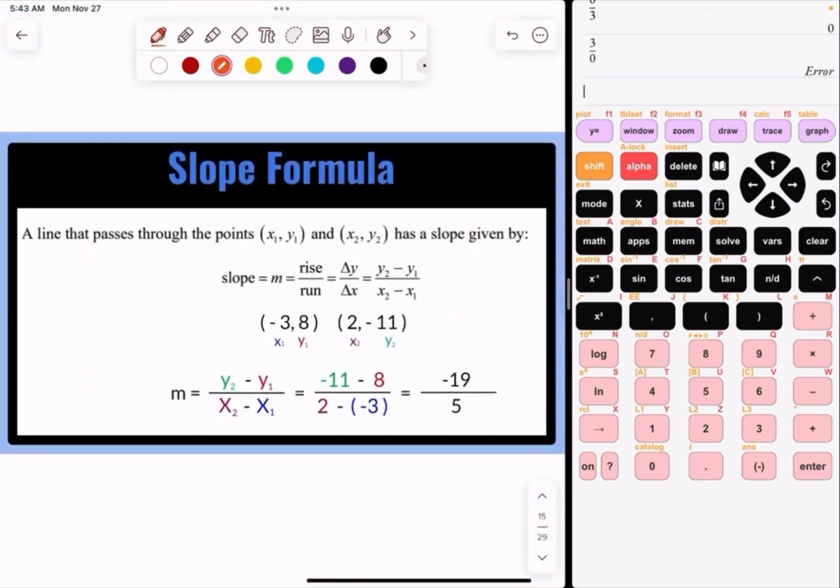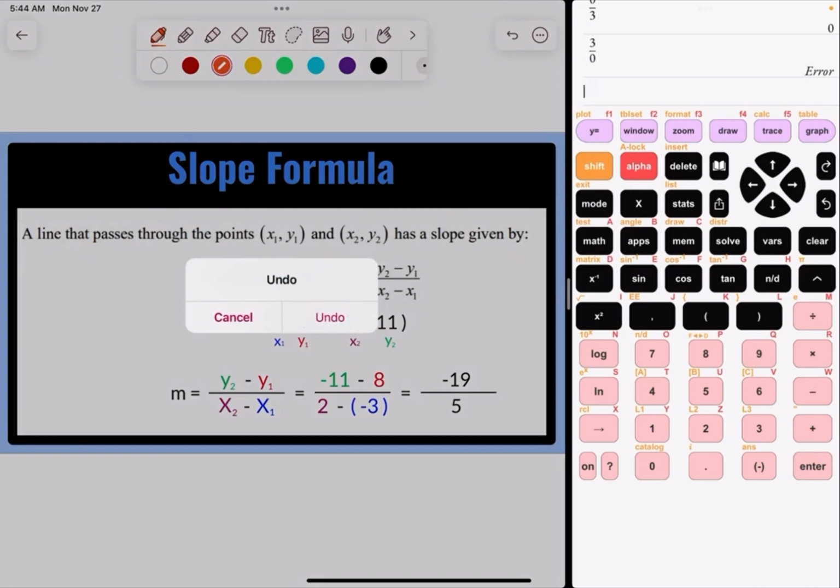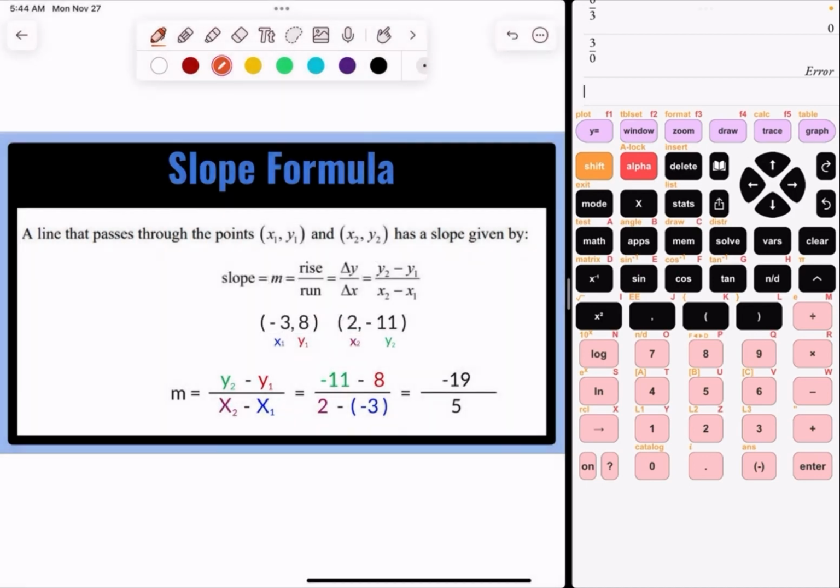Alright, now the slope formula. A line passes through 2 different points. We call the first point x1, y1. And we call the second point x2, y2. And we use the letter m to represent slope. And we could use the formula rise over run. When you're rising, you're looking how much did the y values change.